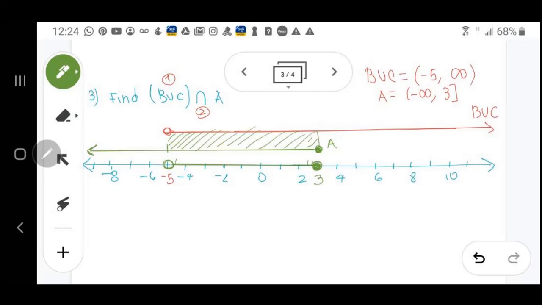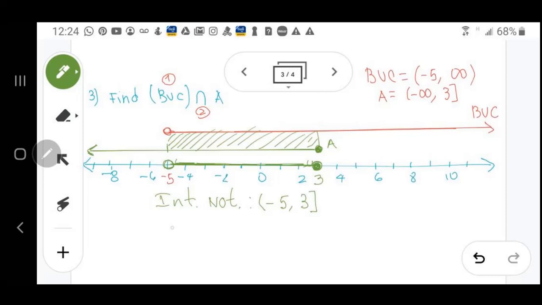The numbers in common go from negative 5 up to 3. So this region in here is the answer. The interval notation for the interval that we just found goes from negative 5, not included, up to 3, that is included.